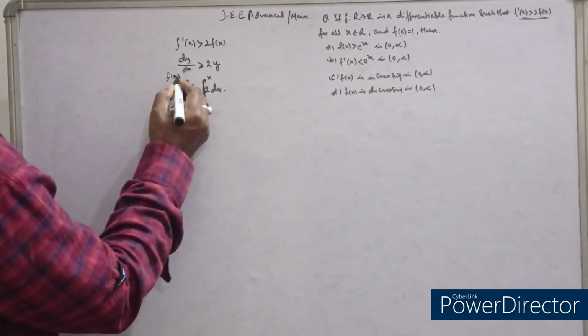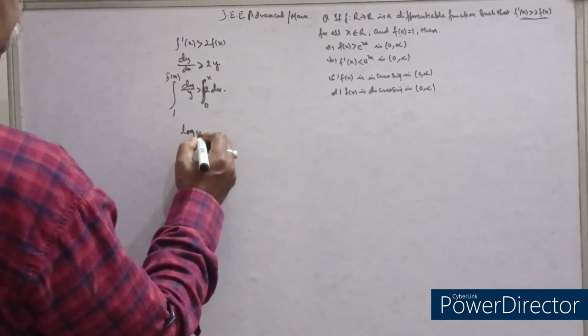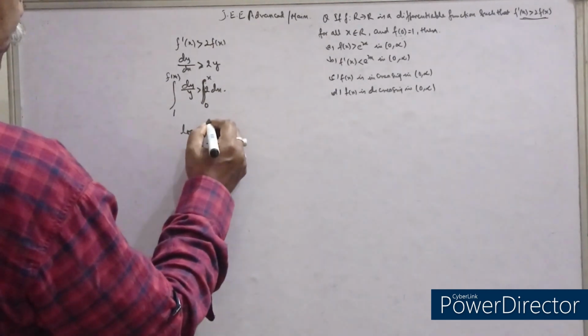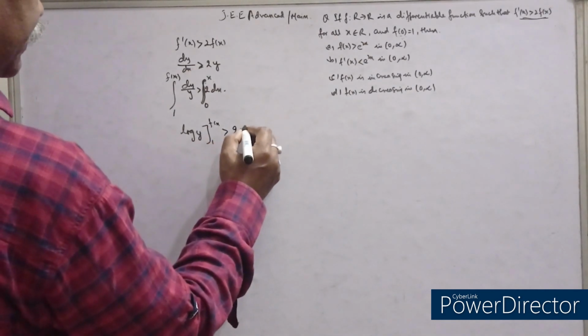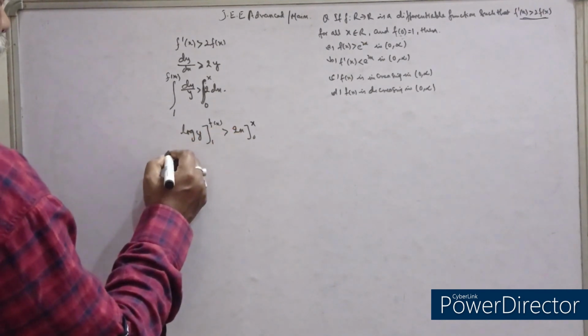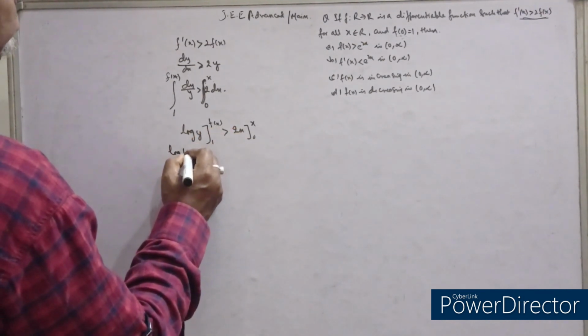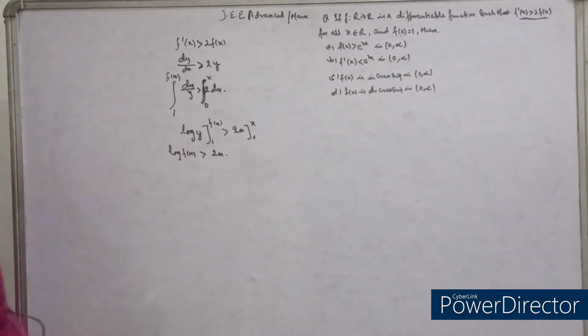So log y from 1 to f(x) is greater than 2x from 0 to x. So this comes to be log f(x) minus log 1, which is 0, greater than 2x.